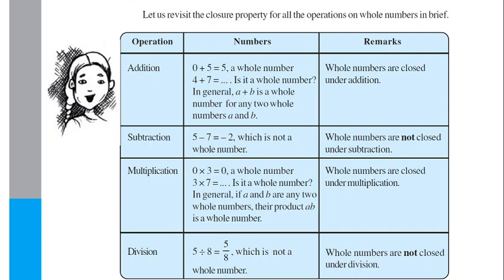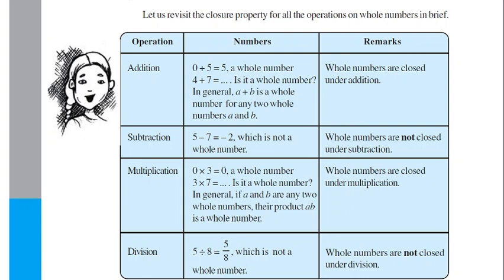Let's see addition first. If you add any two whole numbers, the result will again be a whole number. For example, 0 and 5: 0 is a whole number, 5 is a whole number. Adding them, you get 5, which is again a whole number.